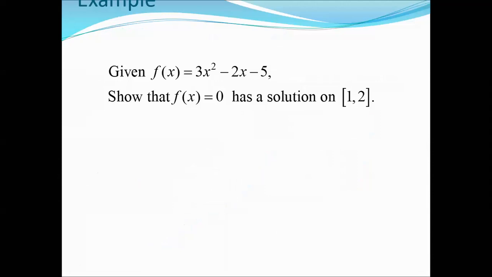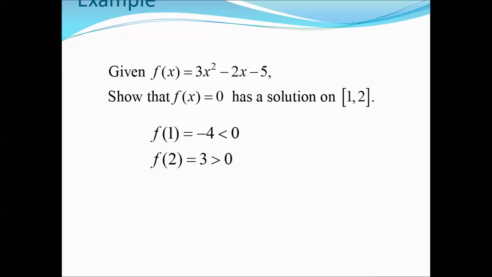Example: given that f(x) is 3x square minus twice x minus 5, we have to show that f(x) equal to 0 has a solution on the interval 1 to 2.